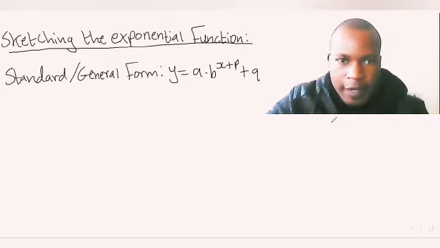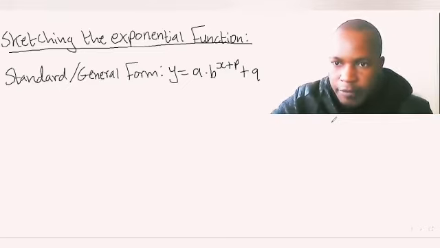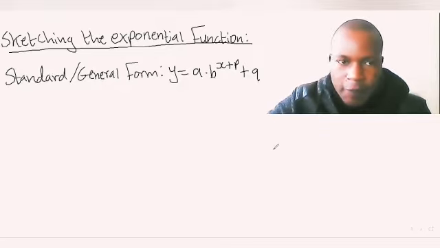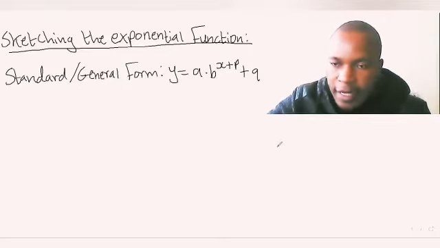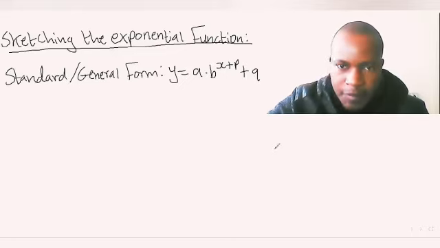Now, gents, I want us to continue from where we left off in the exponential function. I want us to shift focus to the sketching of the actual function. Remember that in the last video we only looked at finding the asymptotes as well as the x and the y intercepts.